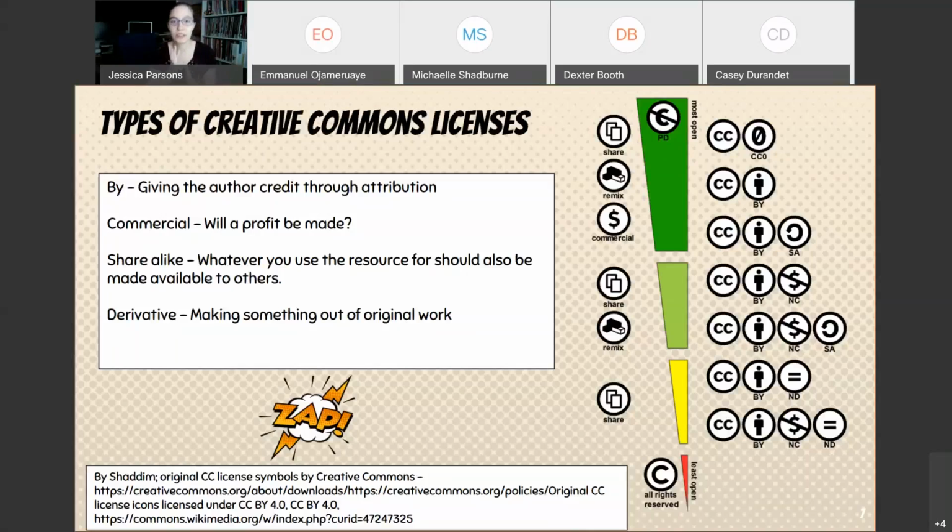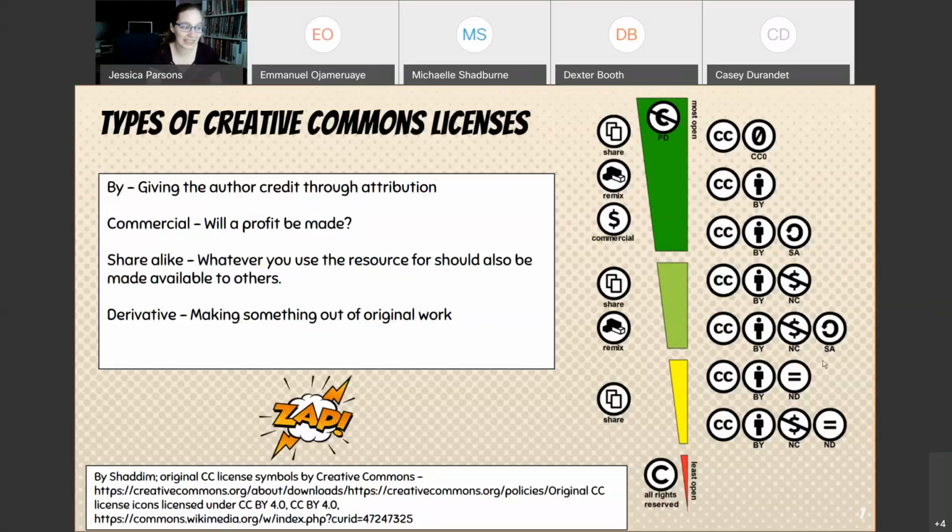There are different levels and different approaches to that non-commercial, but generally that means no profit can be made from this. It does not mean that you can't sell a textbook for the cost of the ink and the paper and the shipping. But what that means is you can't make profit over and above the cost of the materials.